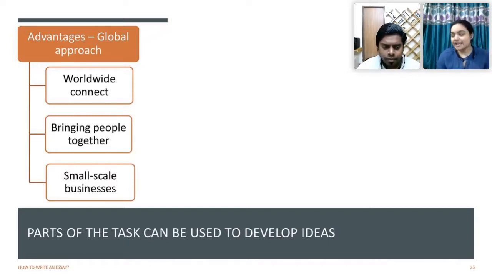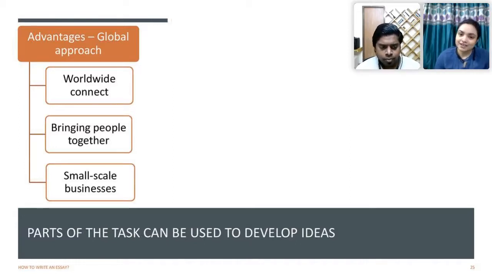Very good. And it's not only connected to the idea of social media. Think of a bubble. Social media and changing in the way people communicate. You are in that bubble. It's important to keep those things in mind every time you plan for an essay. So, global approach, 3 supporting ideas. Worldwide connect, a global connect, bringing people together, and a global way of small-scale businesses on the rise.